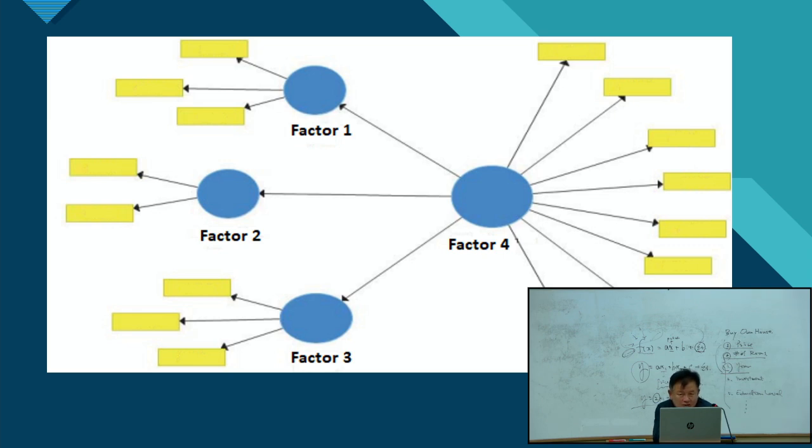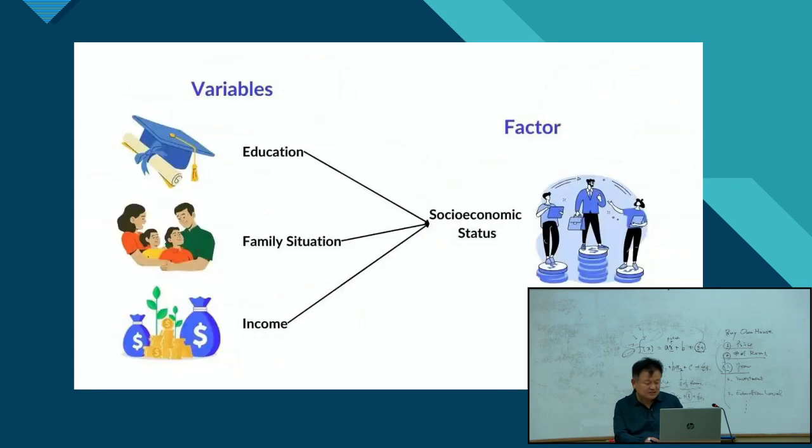Factor 2 is related to. Factor 3 is 3. Factor 4 is to 6 factors is related to factor 4. This is for making the grouping factors, and then finally getting the valuable analysis.